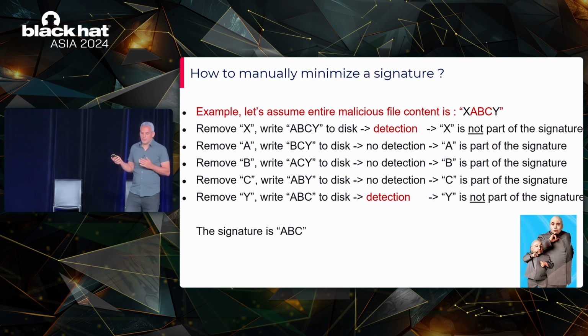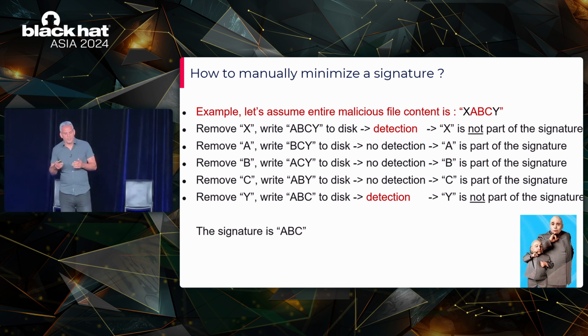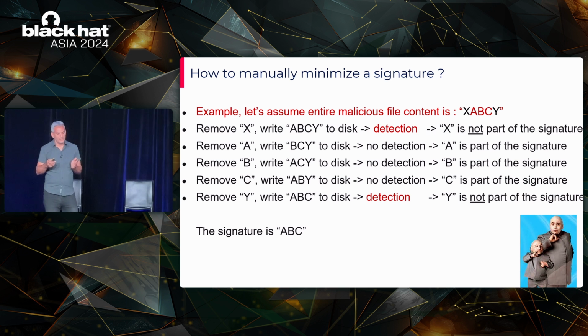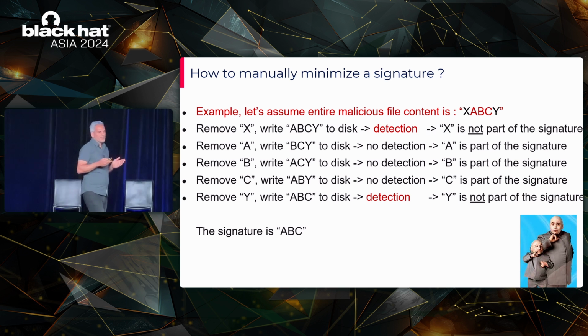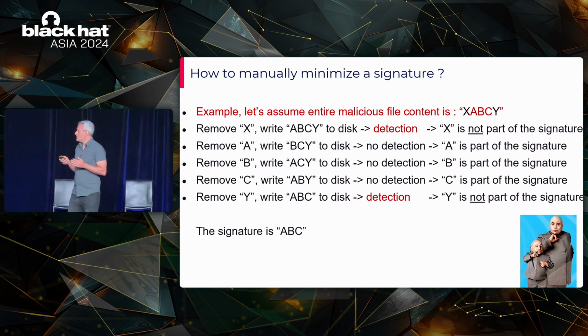We still got a detection, so it means X is not a part of the signature. But when we removed the A and wrote it to disk this time, we got no detection. So it's an essential part of the signature. B and C were essential too, and Y was not essential, so the minimal signature is ABC. We will use it later.